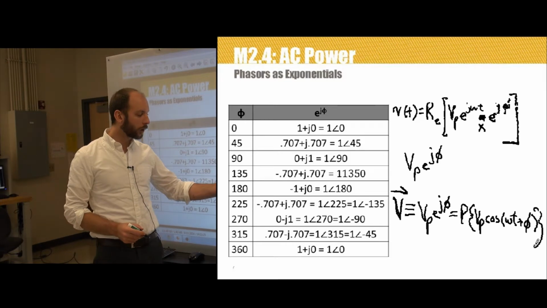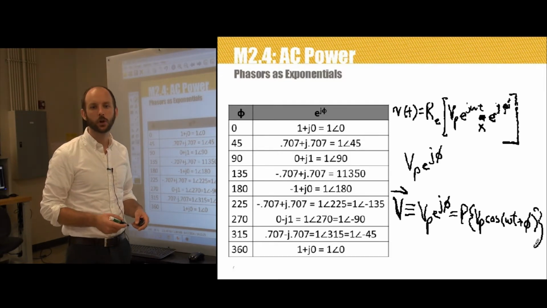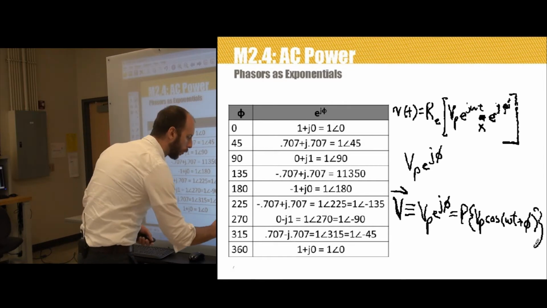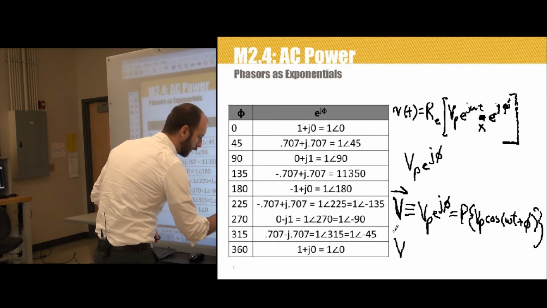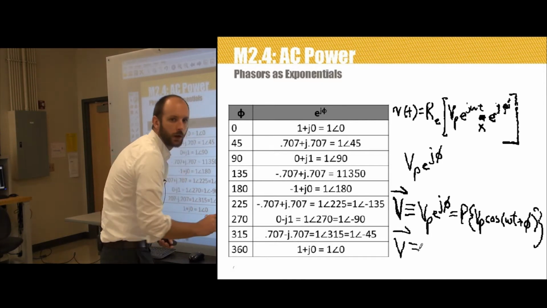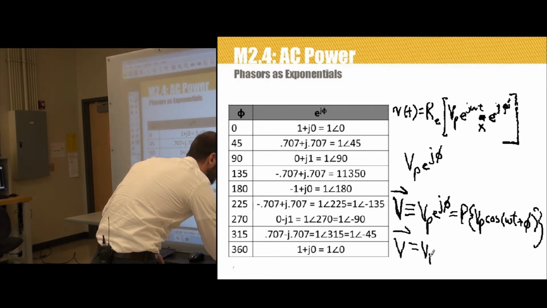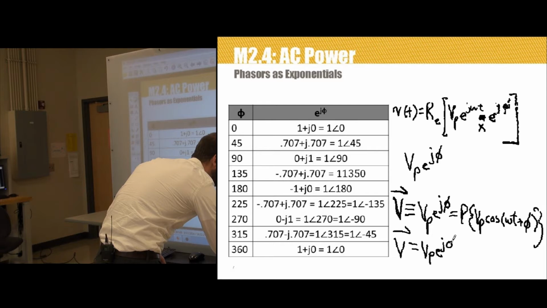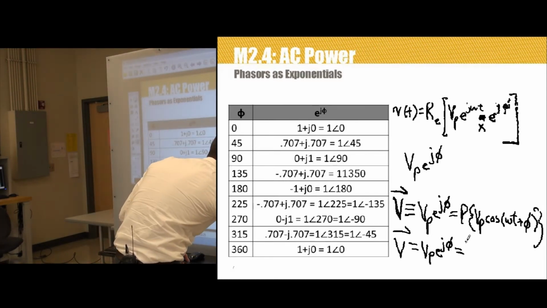The frequent occurrence of the use of this has led to the shorthand that we use called the angle notation, where we just say V is equal to Vp e to the j phi, is equal to Vp at an angle of phi.